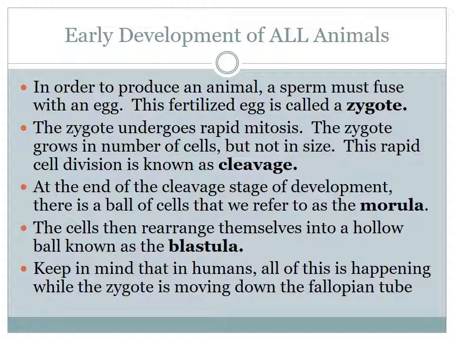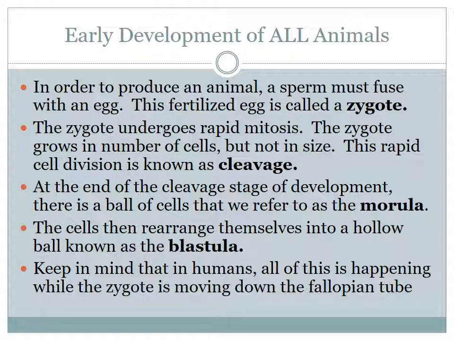The cells then rearrange themselves, and in doing so, they create a hollow cavity inside, and we call this the blastula. Keep in mind that all of this is happening in humans while the zygote's moving down the fallopian tube. So all of these stages, cleavage leading to a morula, leading to a blastula, all of that happens before human implantation.